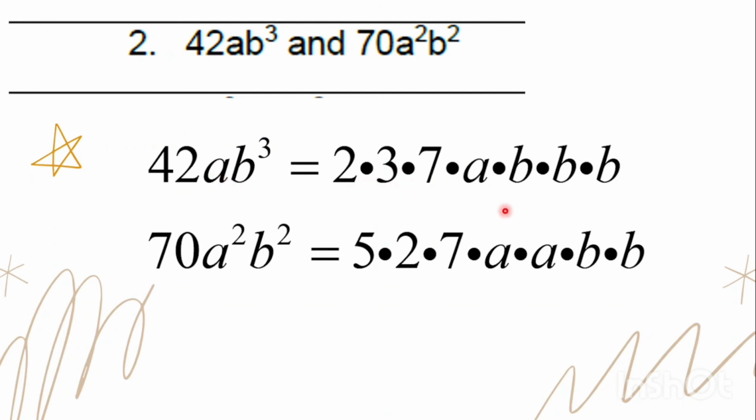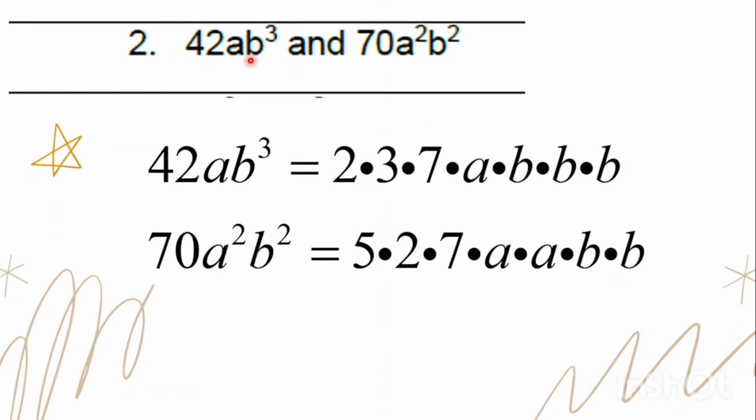And we will write A and then B times B times B. As for 70a squared b squared, 70, its factor could be 7 times 10. But we need to factor out 10, which is 5 times 2. That is why 5 times 2 times 7 is 70. And then our a squared, we will write it as a times a, and b squared as b times b. Now we have the prime factorization of the two given polynomials.